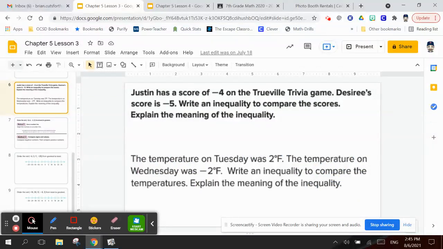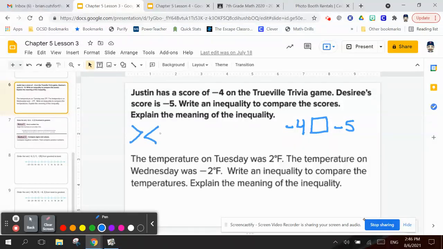Here it says Justin has a score of -4 on the Trouville trivia game. Desiree scores -5. Write an inequality to compare the scores. So we have -4. I have -5. What symbol am I going to put into that box? Is it going to be greater than, less than, or equal to?